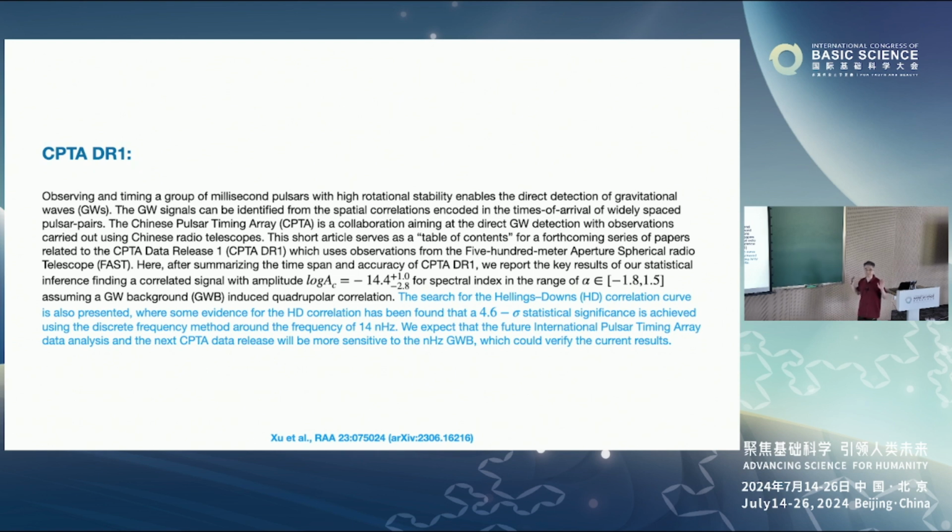They didn't see such correlation in other frequency bands. They also expect the future International Pulsar Timing Array data analysis and the next Chinese Pulsar Timing Array dataset will be more sensitive to the nanohertz gravitational wave background.